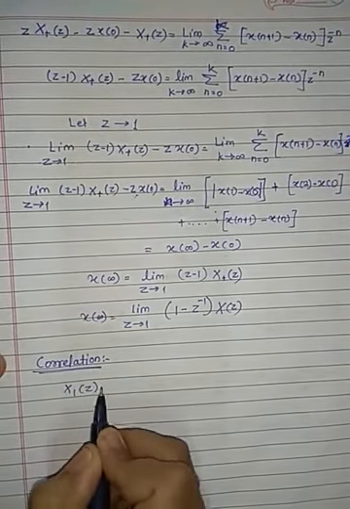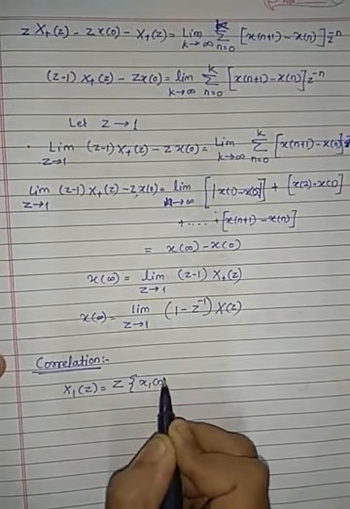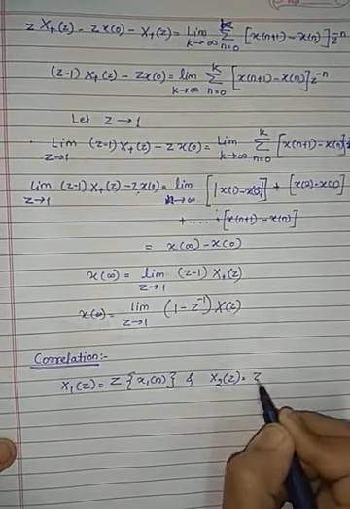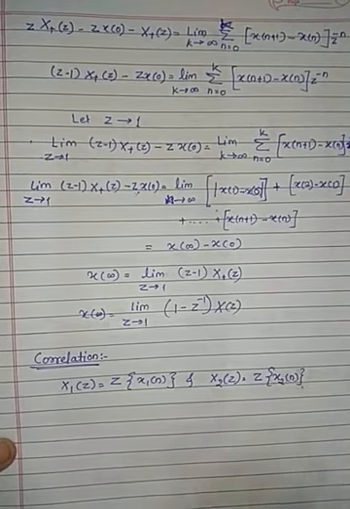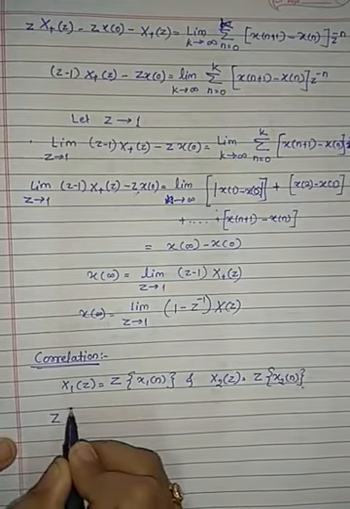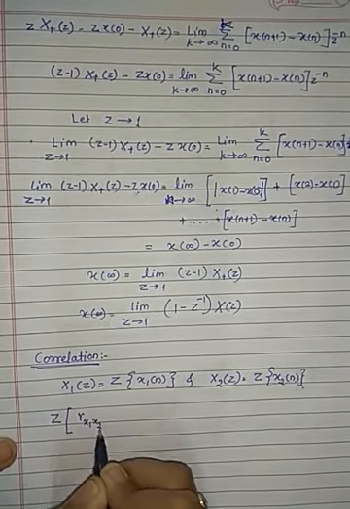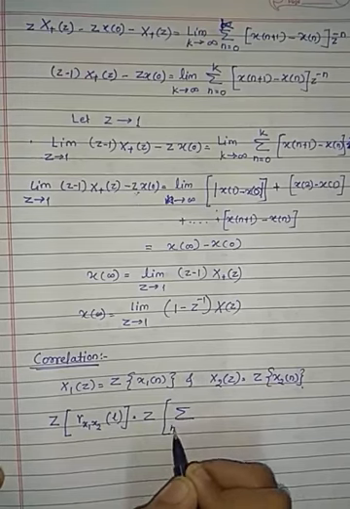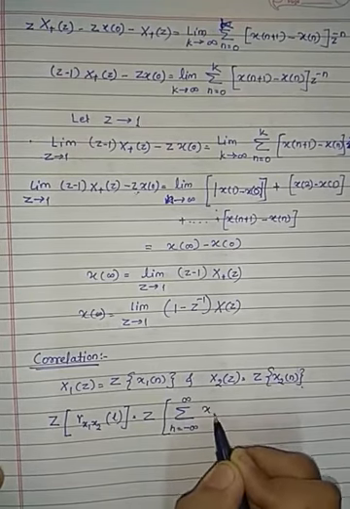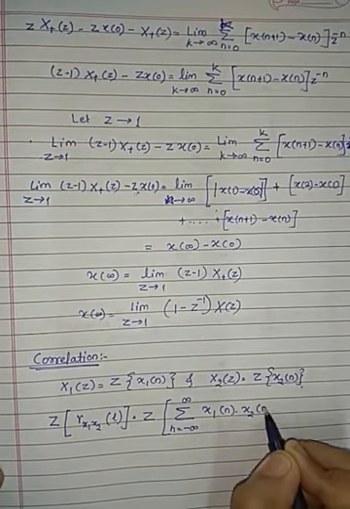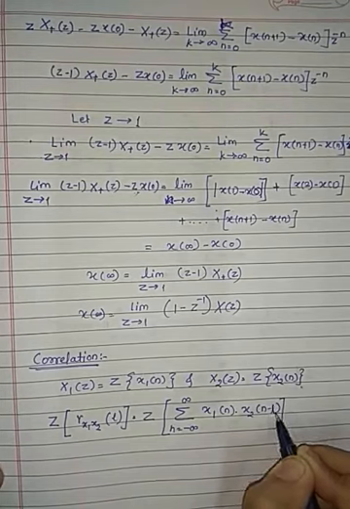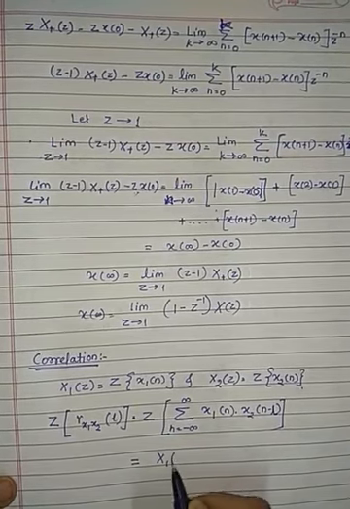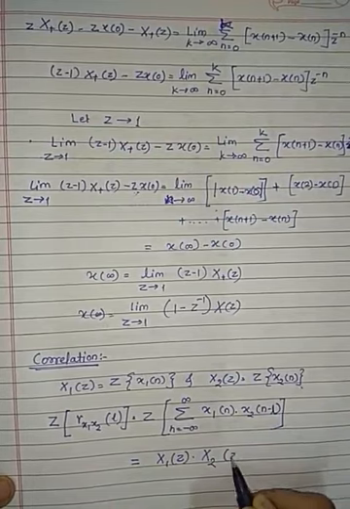If x1 of z is equal to the z transform of x1 of n and x2 of z is given as the z transform of x2 of n, then the correlation property states that the z transform of the correlation of x1 and x2 of L is equivalent to the z transform of summation from n is equal to minus infinity to plus infinity x1 of n into x2 of n minus L. Okay, so this is given as x1 of z multiplied by x2 of z inverse.